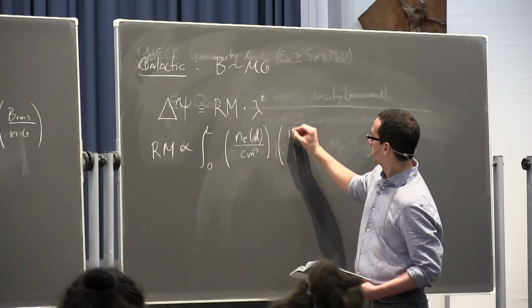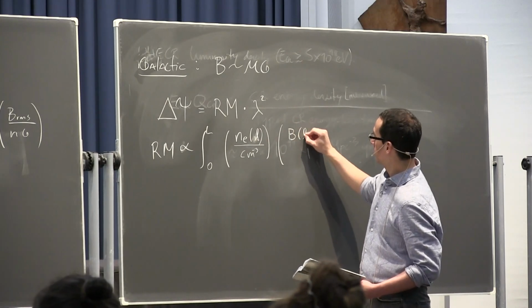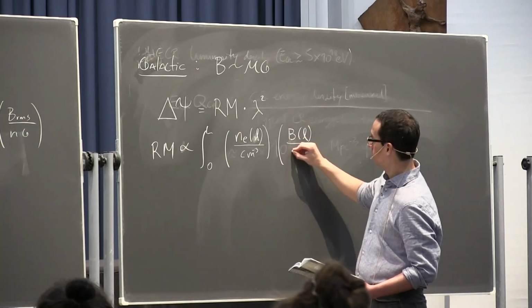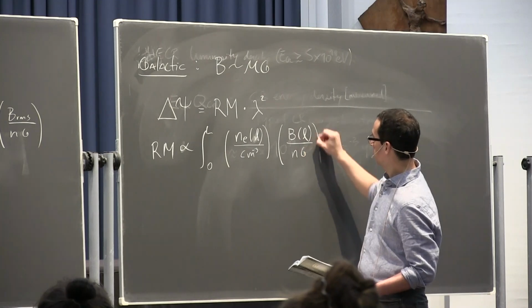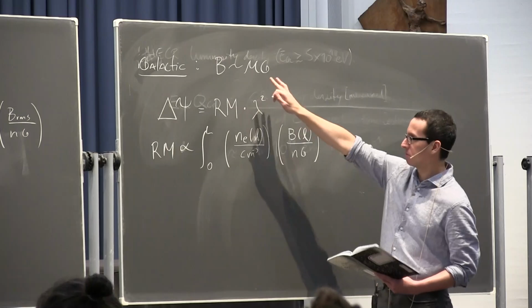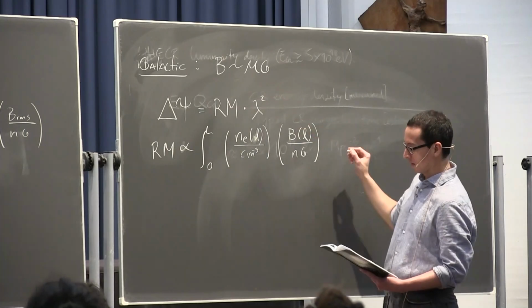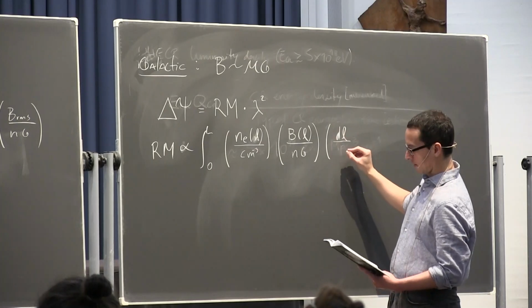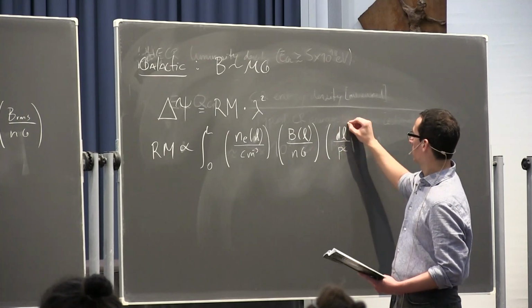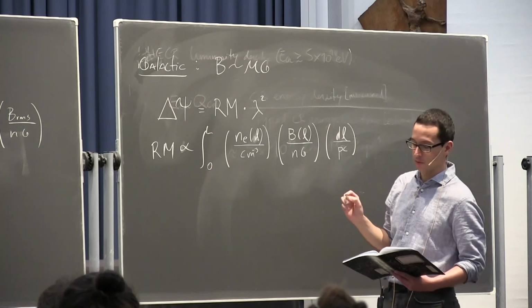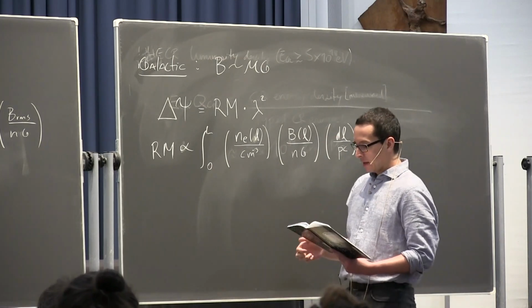The magnetic field in that direction that you're crossing the region through. I'm going to write in nanogauss, but remember, the magnetic field actually is microgauss. And then this is the size of the path length L that you're crossing through the plasma.